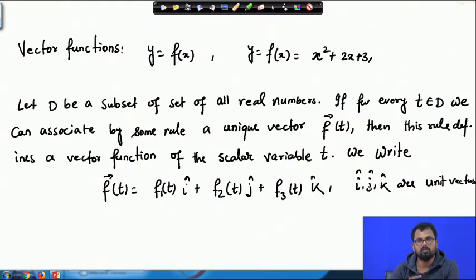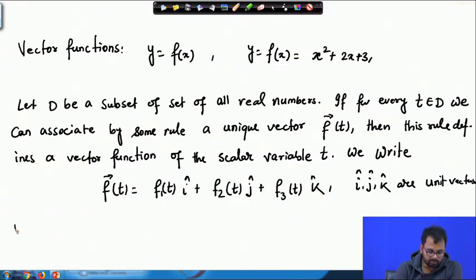They are perpendicular to each other and they are unit vectors. Here f1 of t, f2 of t and f3 of t are all scalar functions of t, and while writing them with the help of i, j and k, they constitute a vector function.